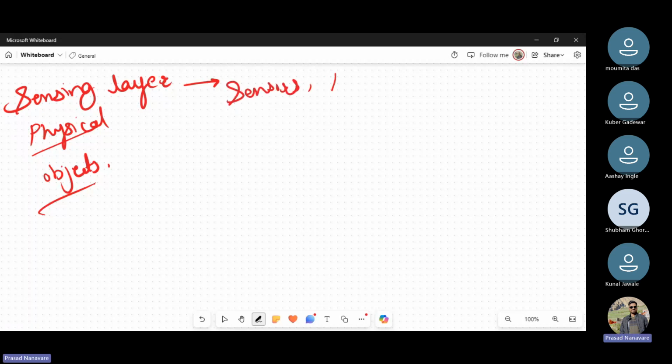Sensors, guys. Sensors, actuators. The layer itself is named the sensing layer. So of course sensors and actuators. So it's a physical layer.